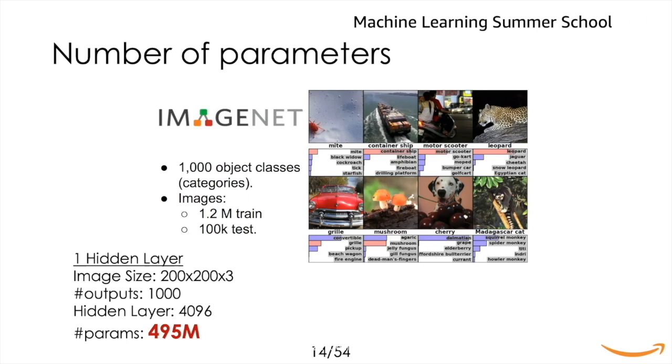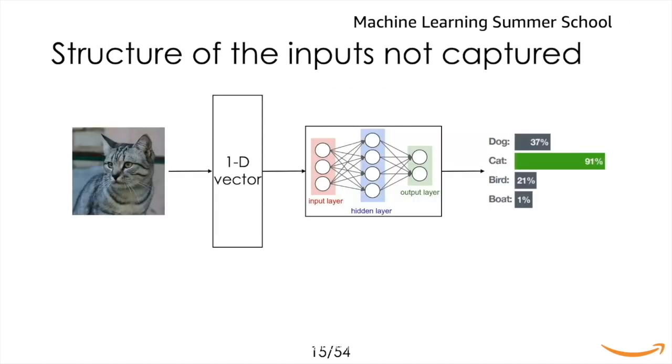So one of the problems of using MLPs to deal with images is the large number of parameters these MLPs require when processing images. And as the number of parameters increases, to prevent overfitting you need more data as well. So this is a problem. The other issue in using MLPs to deal with image data is that MLPs completely ignore the spatial structure of the images.